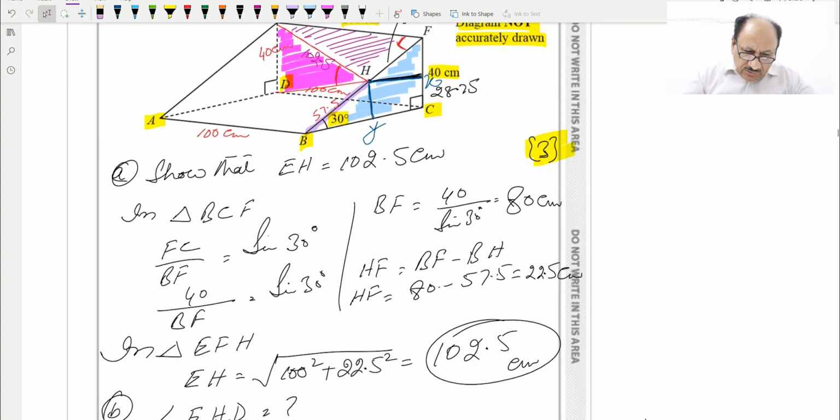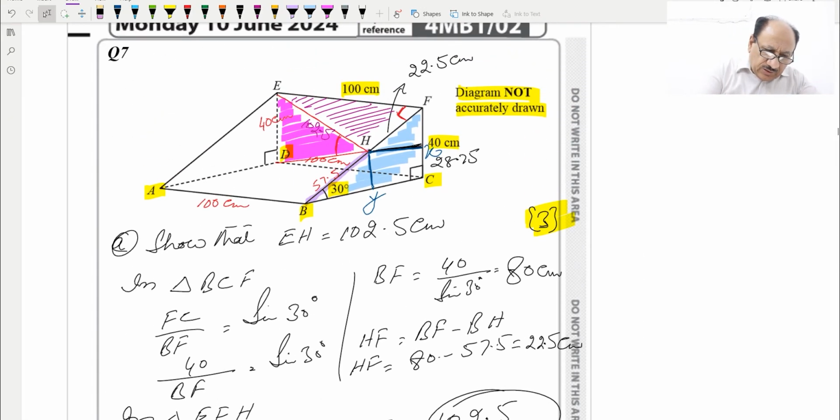Now we can consider another triangle, which is hxf.